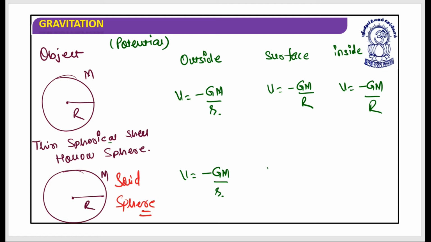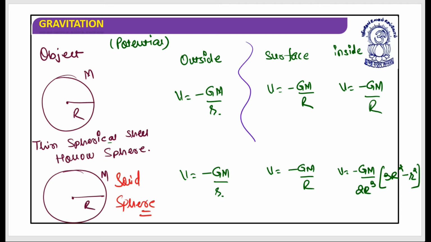On the surface, V is equal to minus of GM by r. On the inside, V is equal to minus of GM by 2r cube into bracket 3r square minus r square. I hope this is clear.